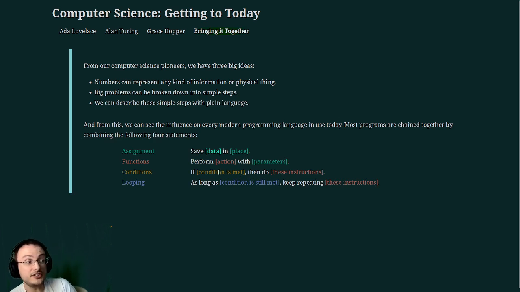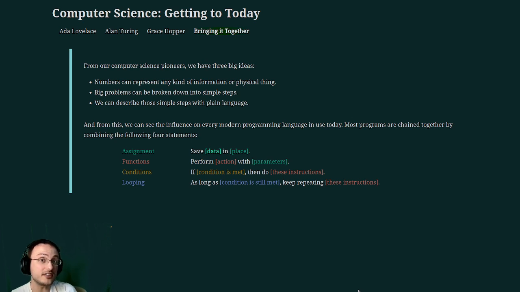Maybe with conditions, if you have to check and make a branching path, there are two options of what to do next. Maybe with a loop, if something has to happen over and over again, or there's a long sequence of repetitive things you only want to write out once. But these 4 building blocks are everything you need to write a program.